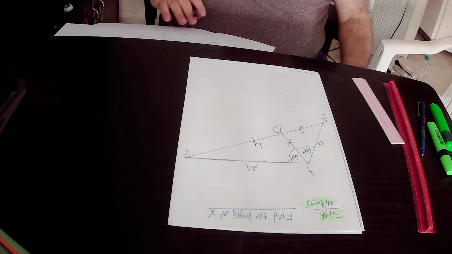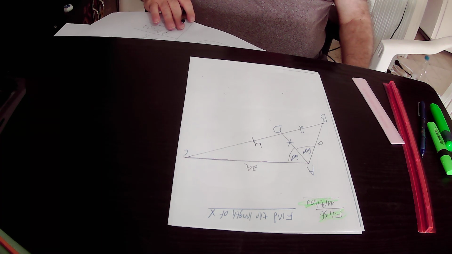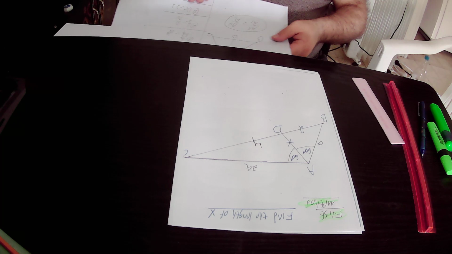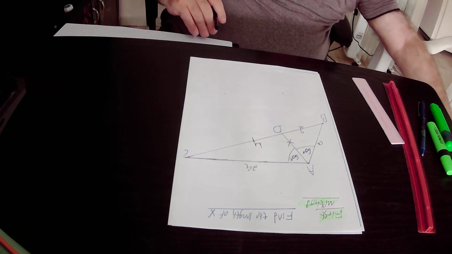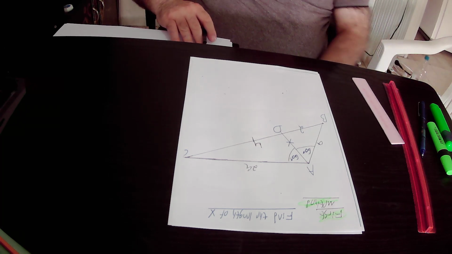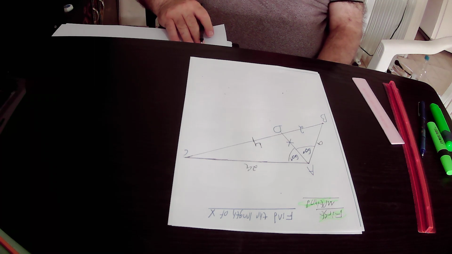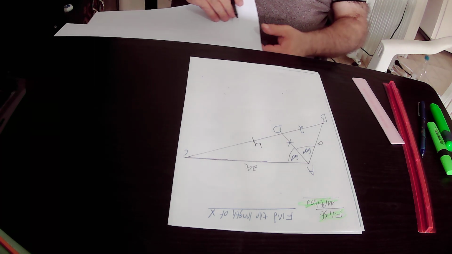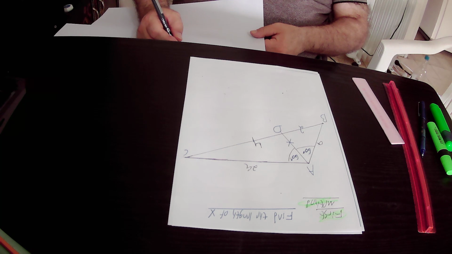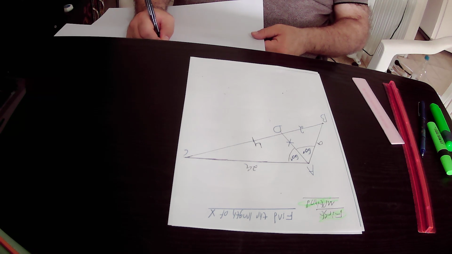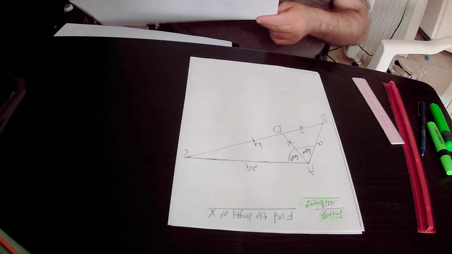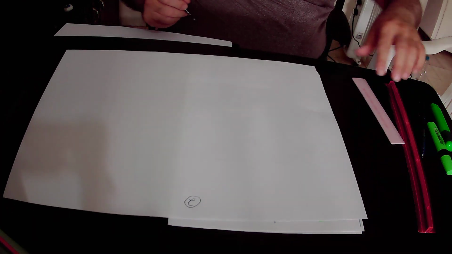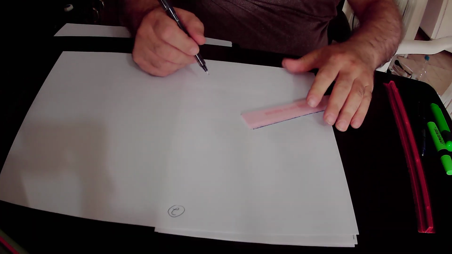In the next step, I will present to you a new law, the law of sines. The law of sines is true in any triangle. So if we have triangle ABC, that could be any triangle.